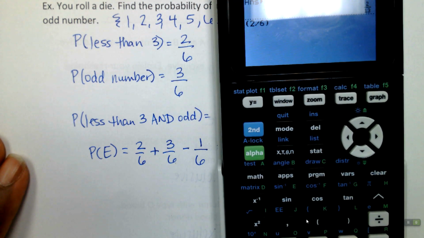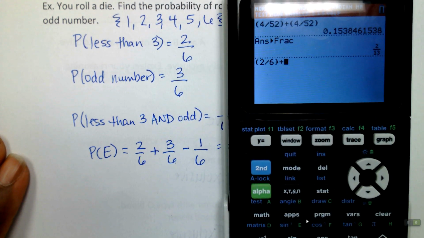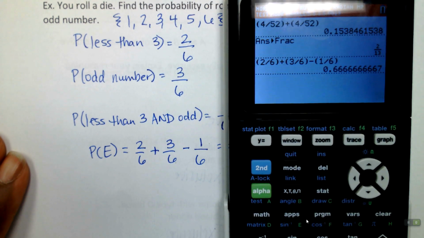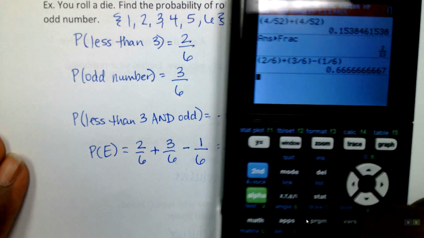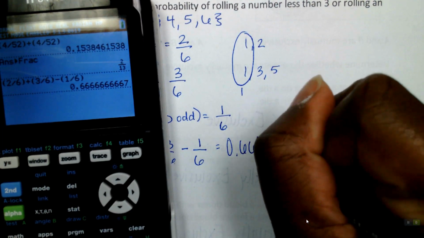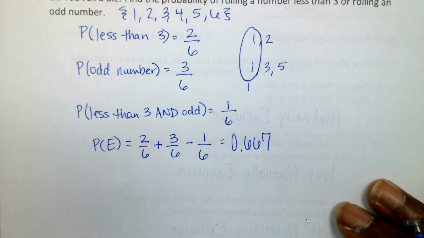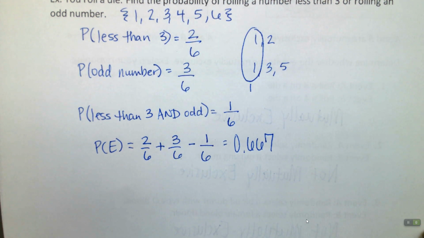I'm going to let the calculator do the work for me. So 2 over 6 plus 3 over 6 minus 1 over 6. It is a repeating decimal, but we want to keep it in decimal form. So we're going to round it.